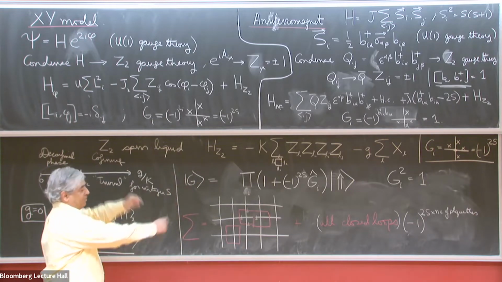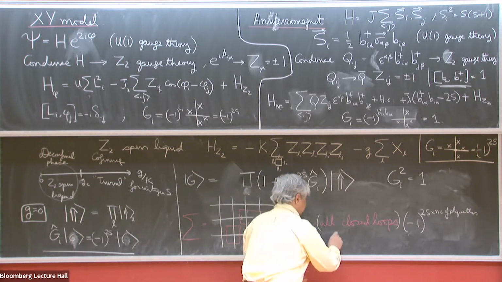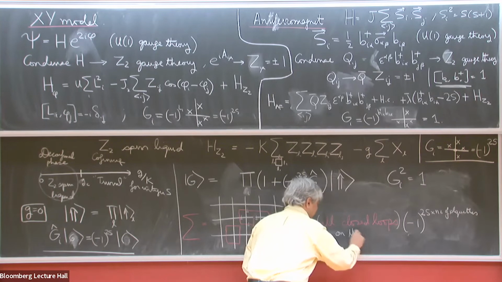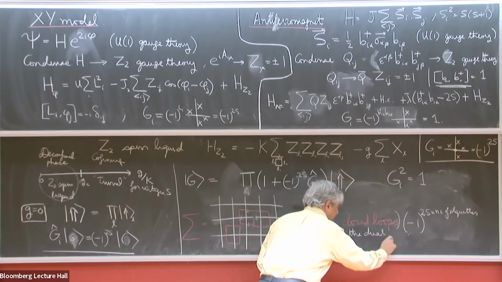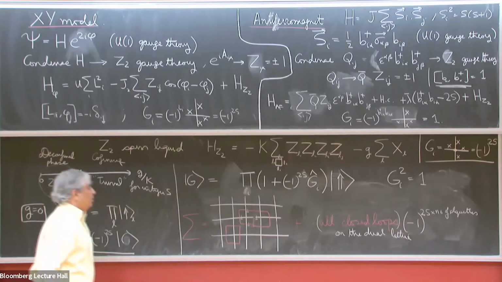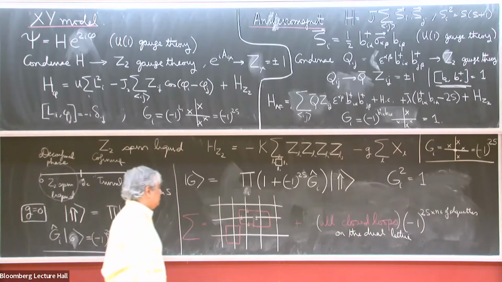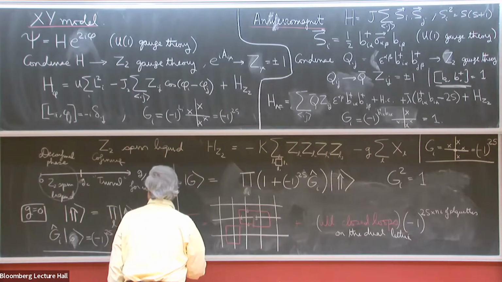So that's why, and you can add any loops on the dual lattice. These are all closed loops on the dual lattice, not on the regular lattice. Okay, all right, so that's the ground state, sum over all closed loops on the dual lattice.